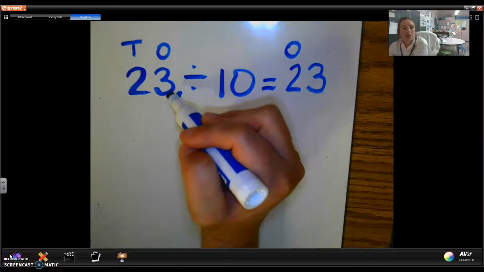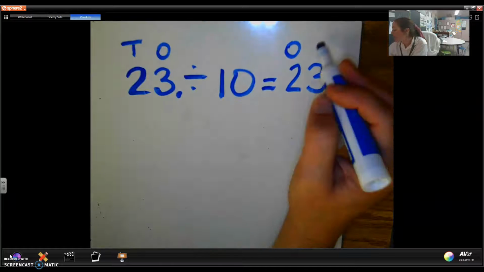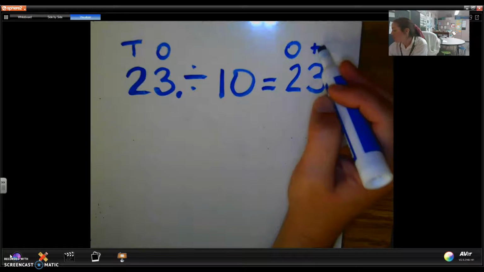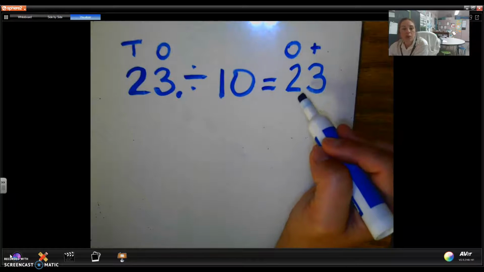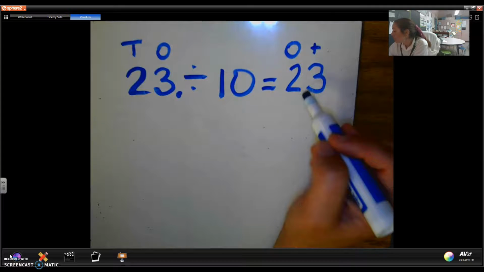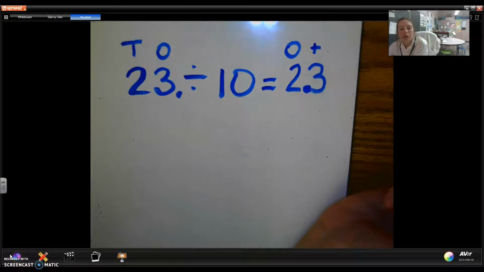And my 3, which was in the ones place value, should move to the tenths, little t. And how do I show that 2 is in the ones and 3 is in the tenths? I need to put a decimal in between.